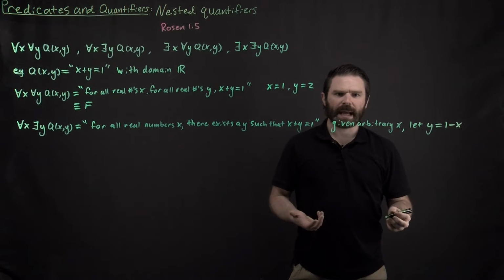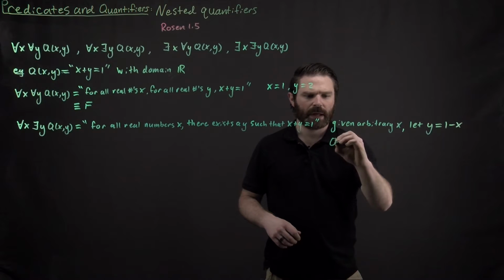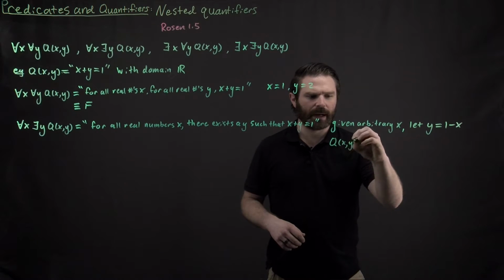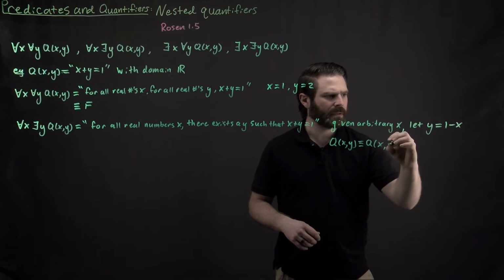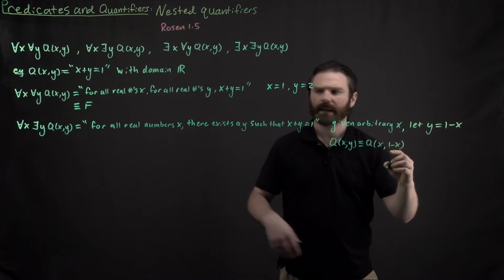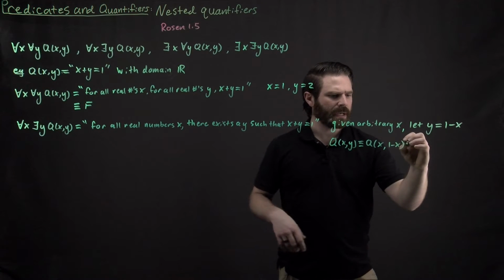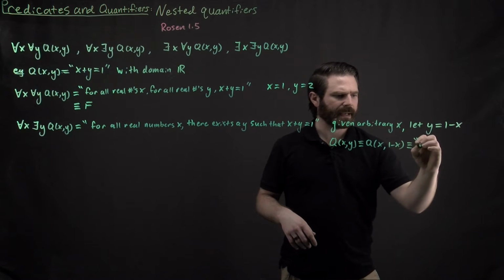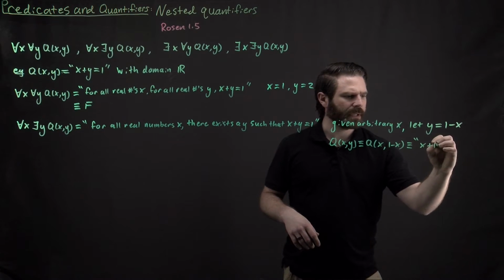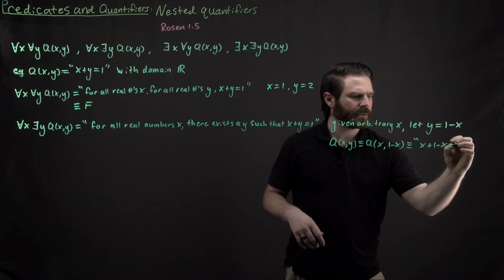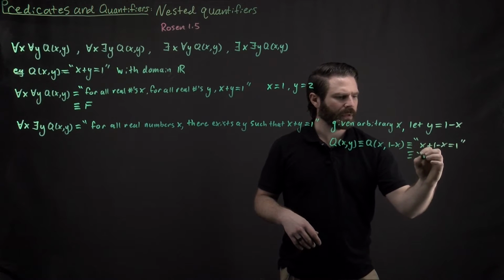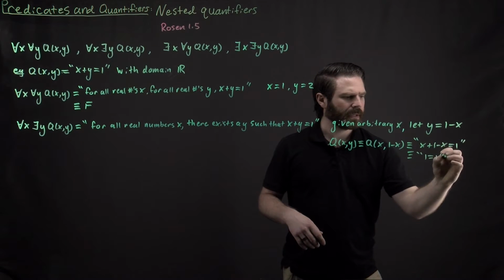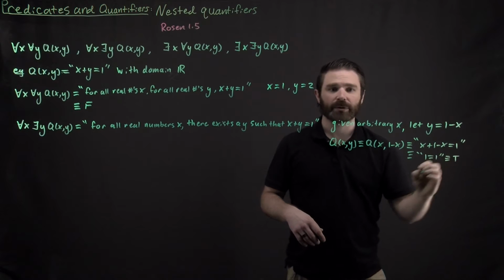And if I were to do that and then take a look at the value of q of x and y, well, that's going to be q of x and 1 minus x. If I go back to my definition of q, that would be logically equivalent to saying x plus 1 minus x equals 1. And yeah, this thing simplifies down to 1 equals 1. And that right there is a true statement.